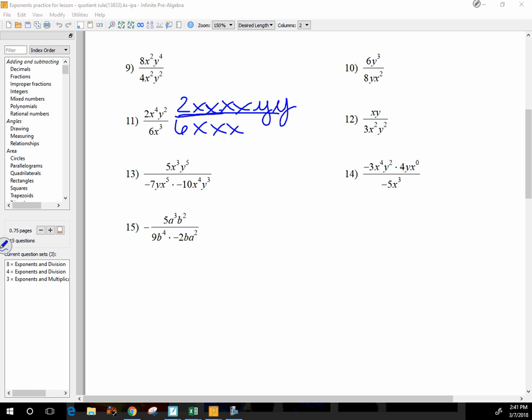So 2x to the 4th y squared, 6x to the 3rd. Okay, so I simplify this as 1/3. Those all cross up. So up top, I'm left with x, and then I have 2 of these guys. Then on the bottom, all I have is a 3.